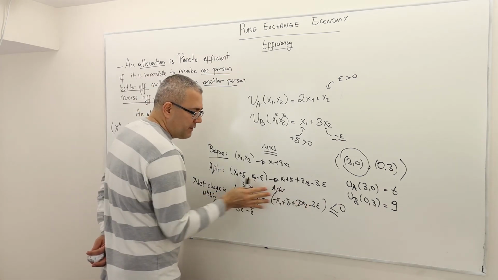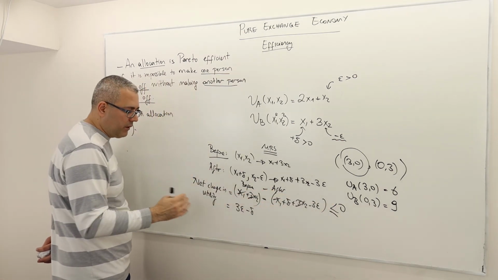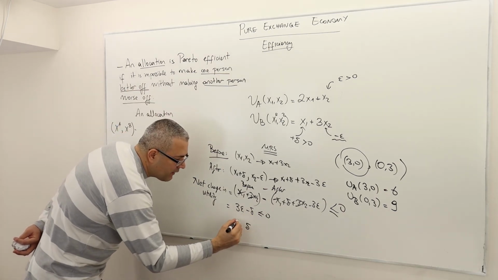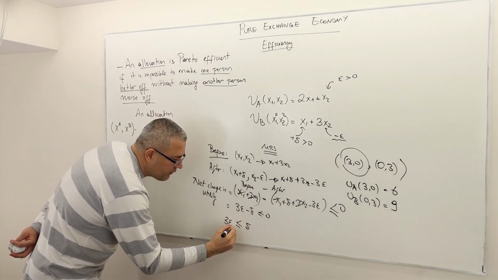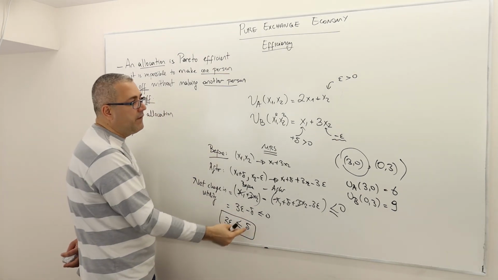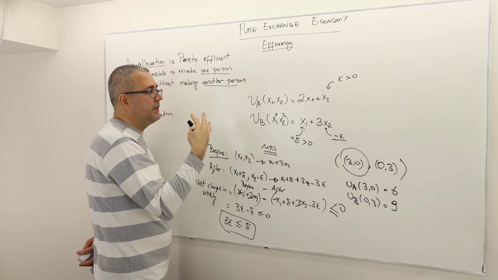So this has to be less than or equal to 0. What does that mean? That means delta has to be greater than or equal to 3 epsilon.